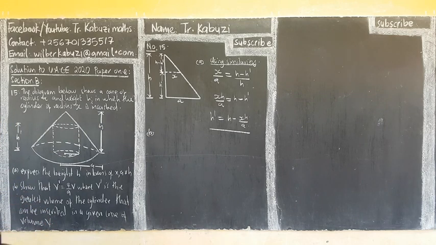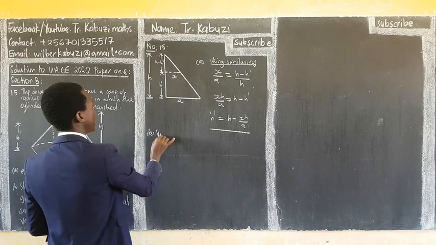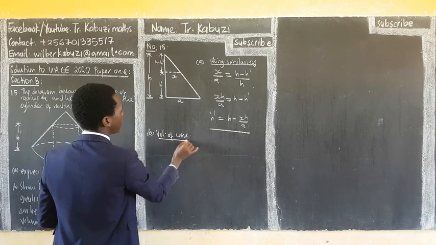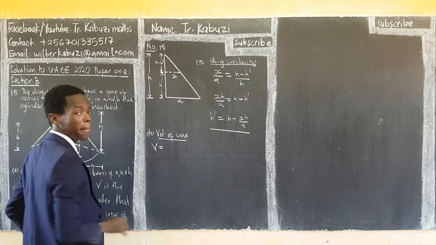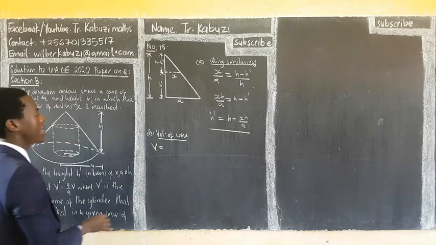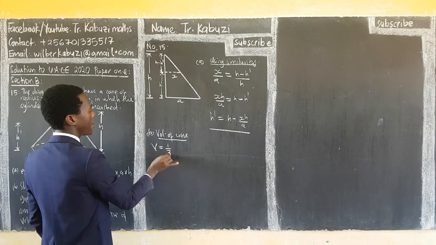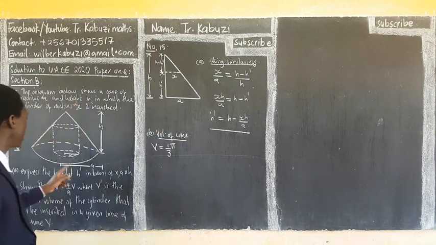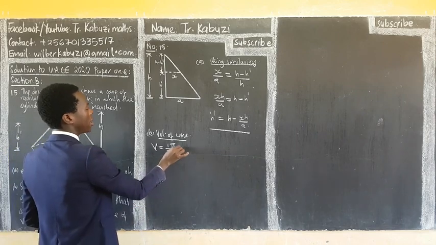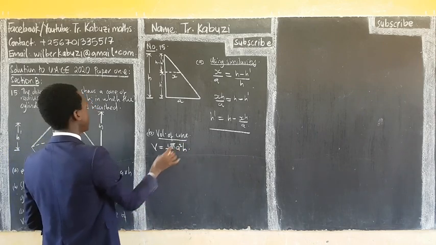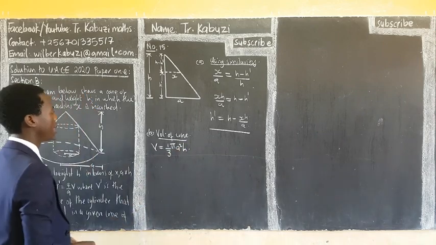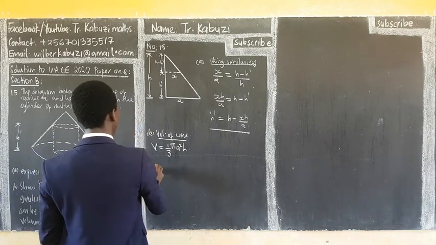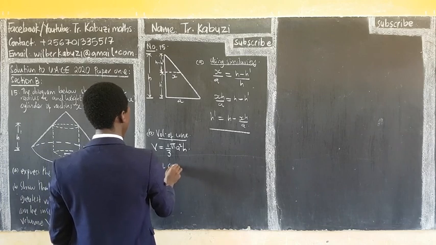Now to get the volume, first of all, the volume of the cone is given by a third pi r squared. So it's a third pi r squared h, where the radius of the cone is a. Then we come to the volume of the cylinder.